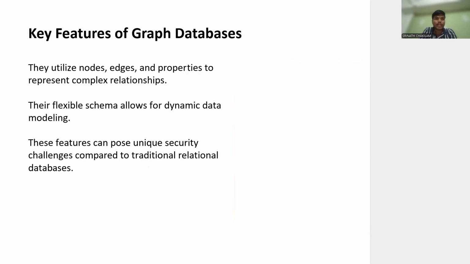Next is the key features of graph databases. They utilize nodes, edges, and properties to represent complex relationships. Their flexible schema allows for dynamic data modeling.